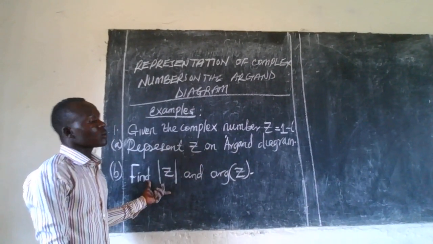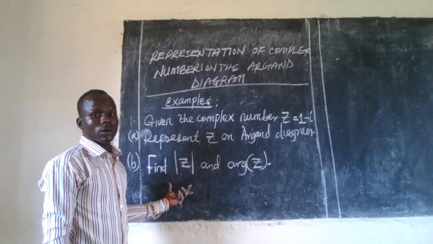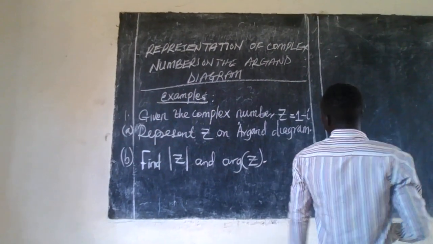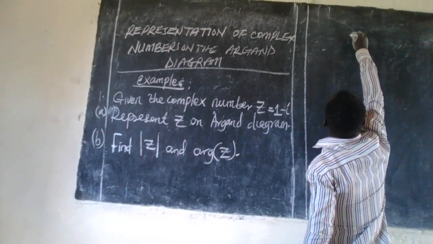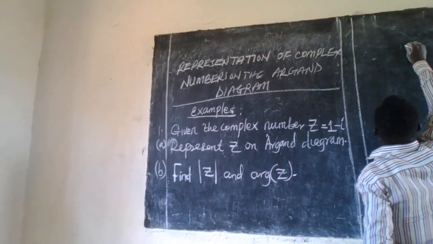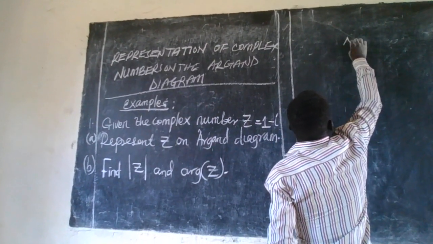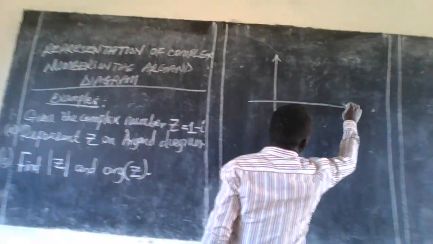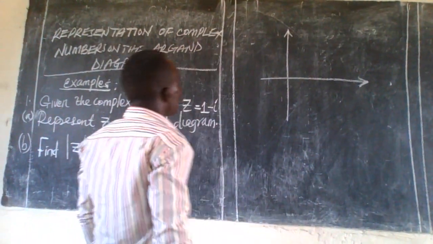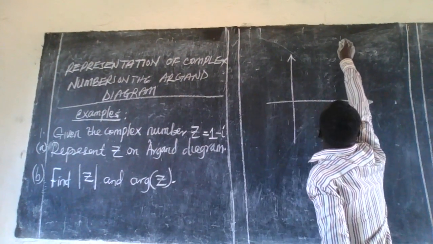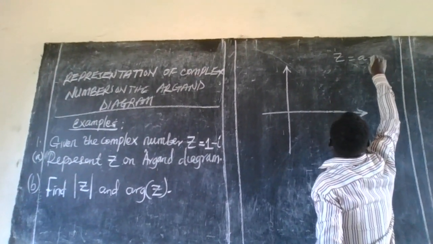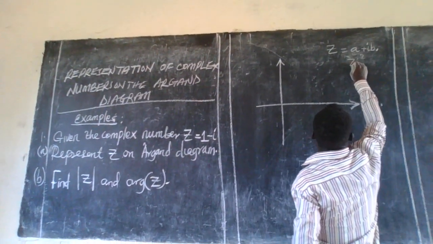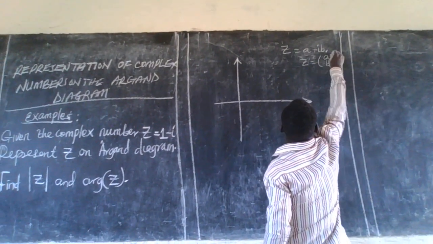Therefore, before we go and do this question, let us get to know a little about what the Argand diagram means. The Argand diagram is a representation of complex numbers on an xy plane. If I draw my coordinate axes like this, realize that if I have a complex number z equals a plus ib, I plot it as a vector (a, b).